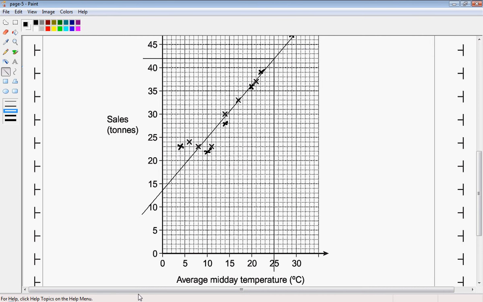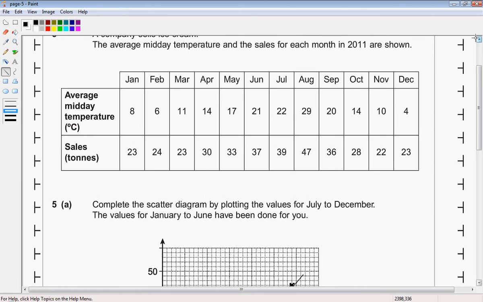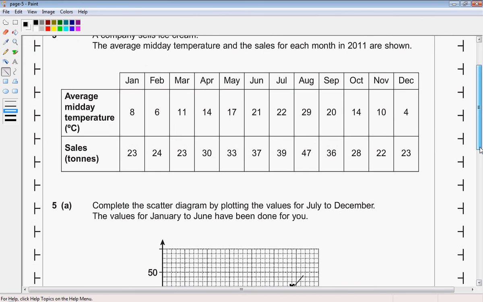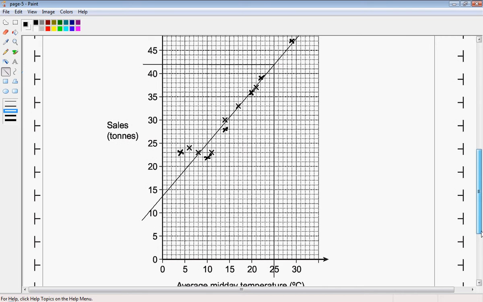Well, if we go back, so in December they said that it would be 5 degrees higher. So it was 4 degrees here. So that would give us a reading of 9 degrees. So let's go back to here.